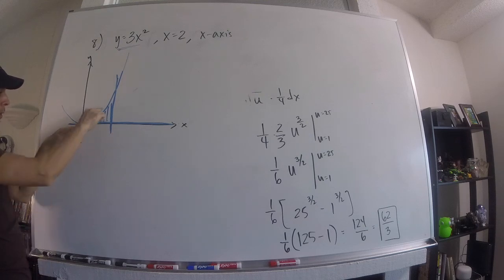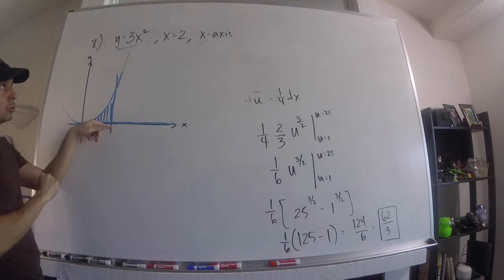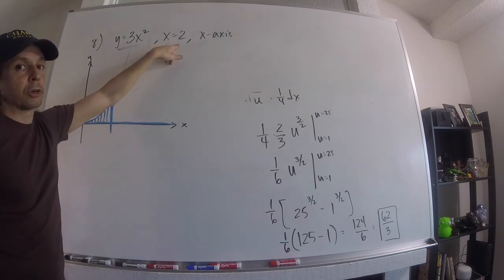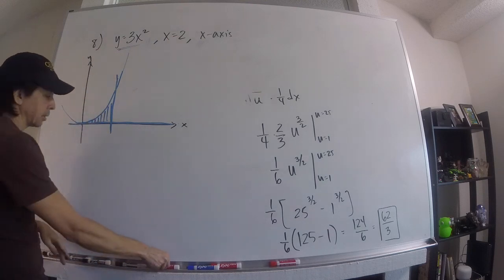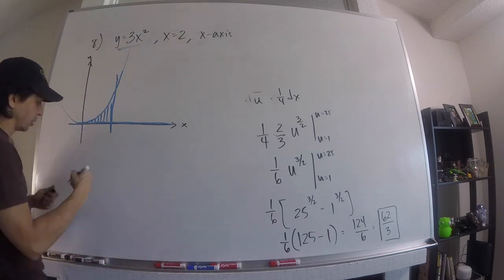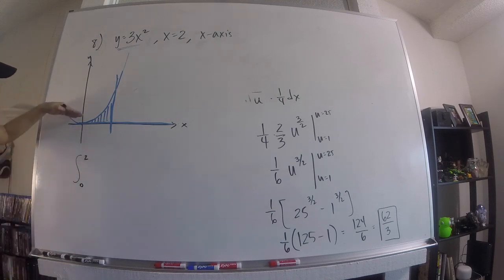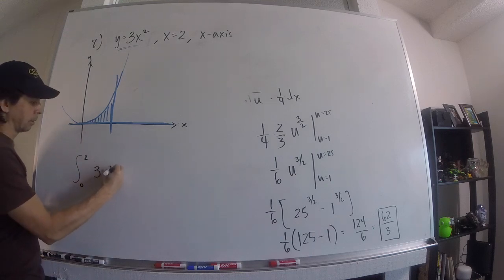They didn't specify 0, but that's where this intersects, so that's the closing off of that region. The x equals 2, instead of putting an interval from 0 to 2, they mentioned that a bounding curve is this vertical line. But it's the same thing as just treating it as an interval from 0 to 2. The curve above it, and we want the area below it, is the 3x squared.